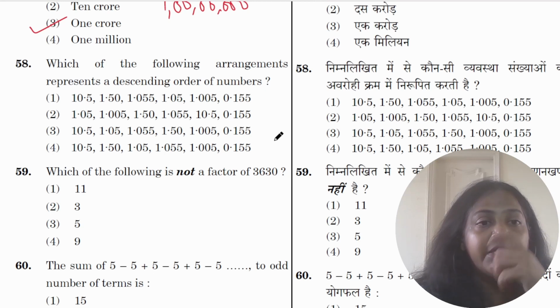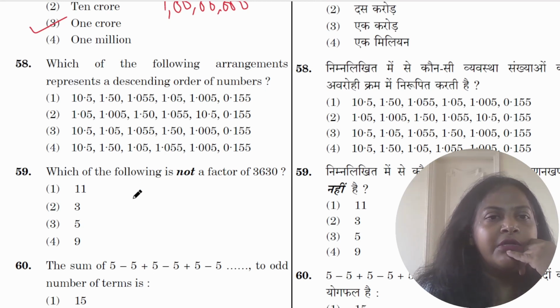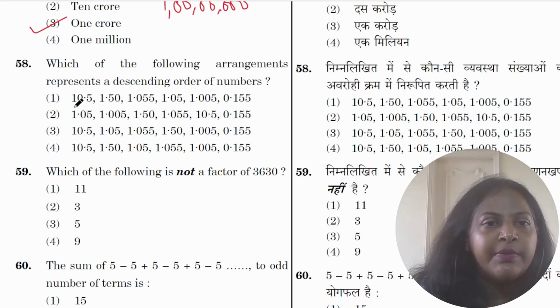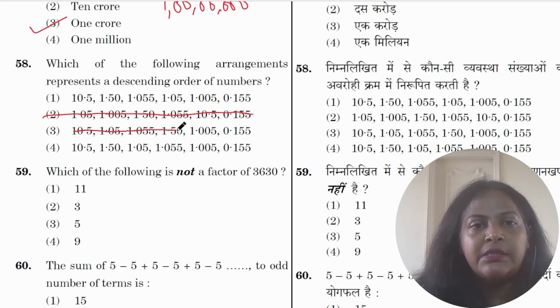Which of the following arrangements is in descending order? So you want the biggest to the smallest. Let's see the biggest number, 10.5. Yes, there are 3 starting with 10.5. So option 2 is cancelled first. The next number is 1.50. So both of these are cancelled.